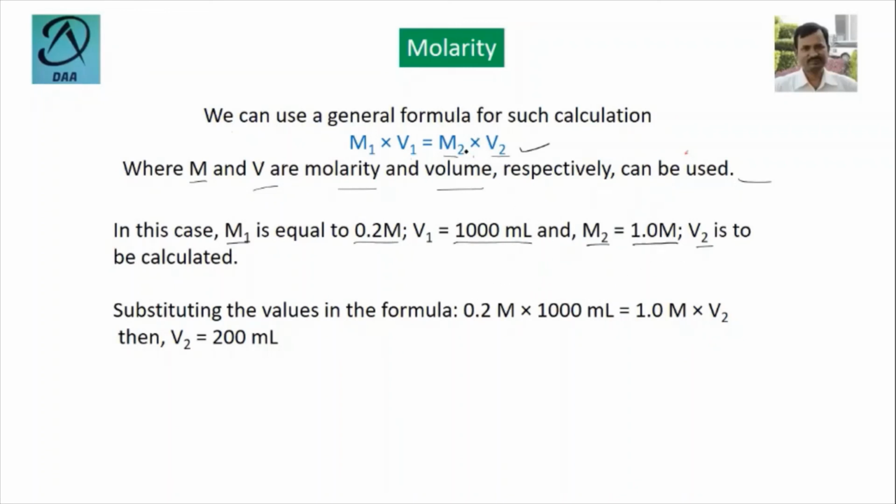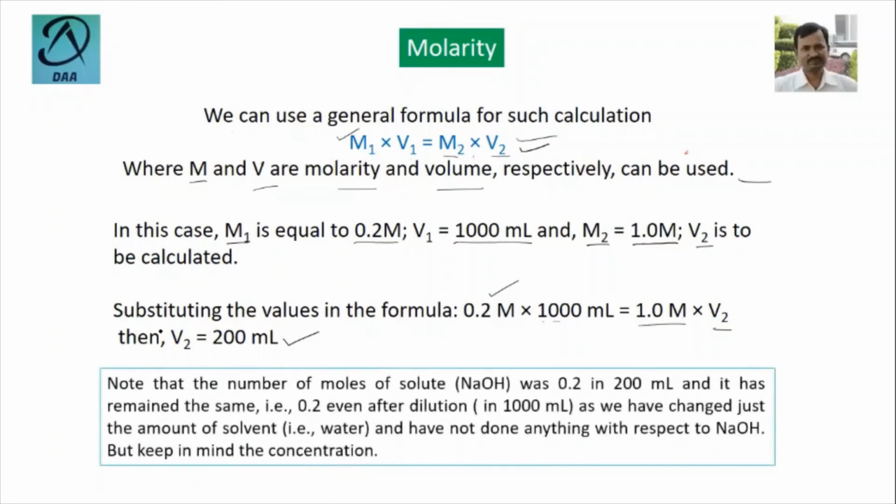If you use this formula, then simply 0.2 M multiplied by 1000 ml is equal to 1.0 M multiplied by V2. In this way, ultimately V2 is equal to 200 ml. So we can use this general formula to find the molarity in a solution.